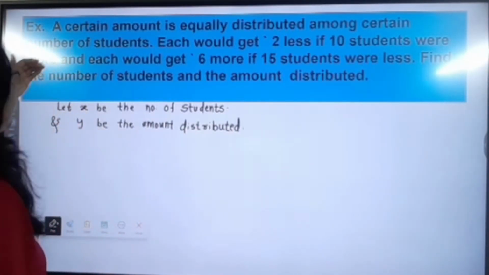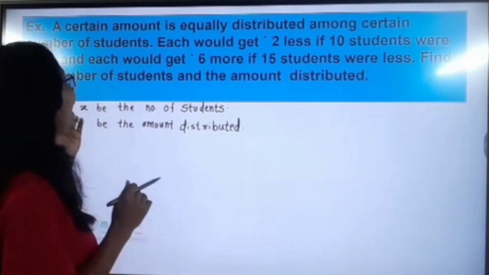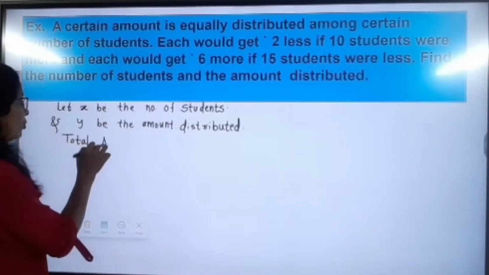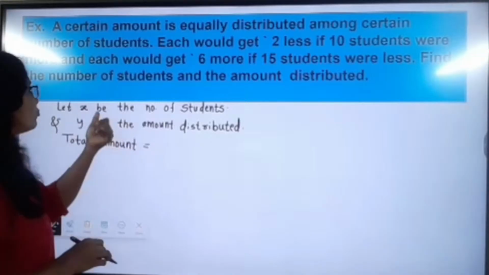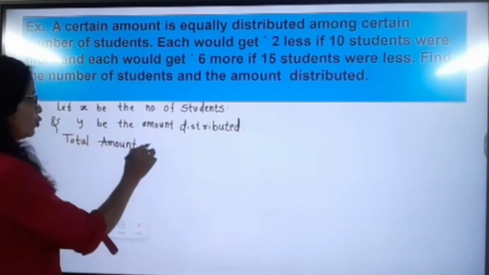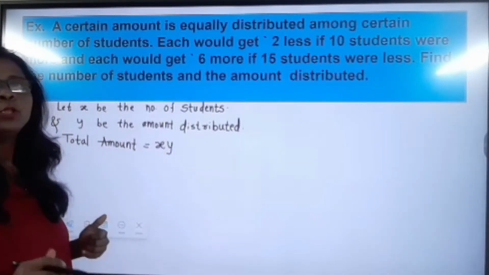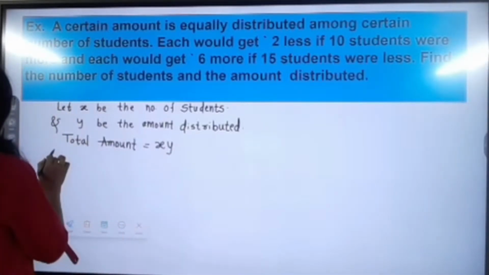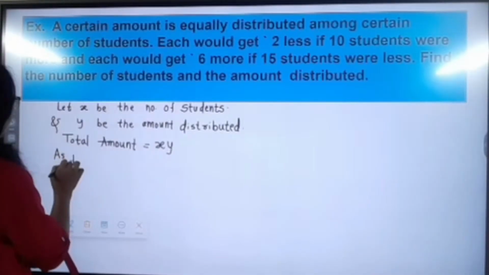First, the total amount: the number of students is x and the amount distributed is y, so the total amount becomes xy every time. Then I find the equation as per the given condition.